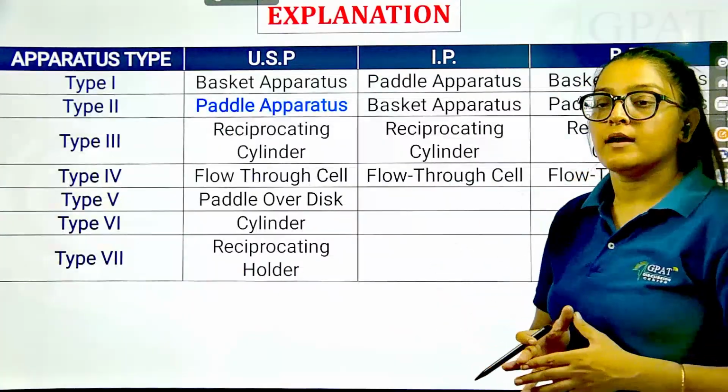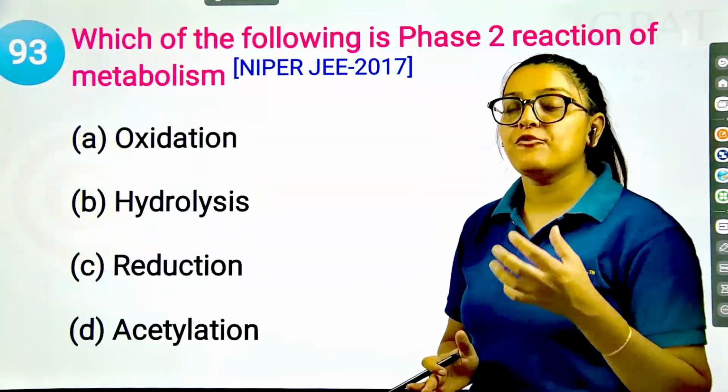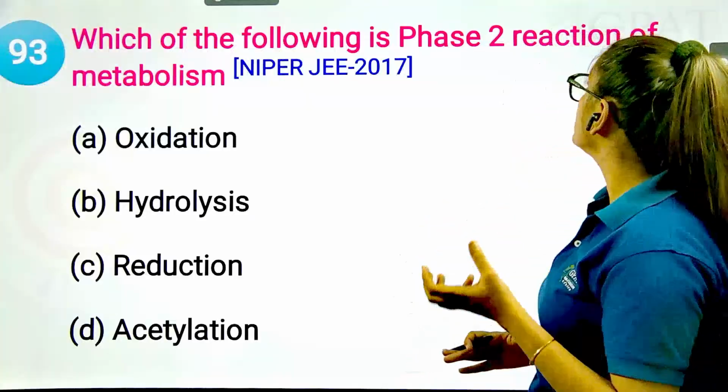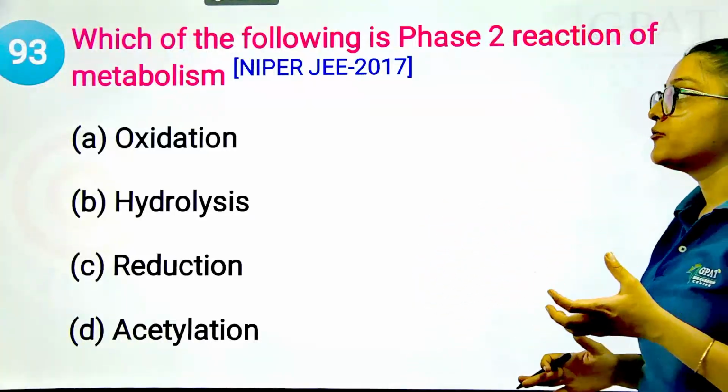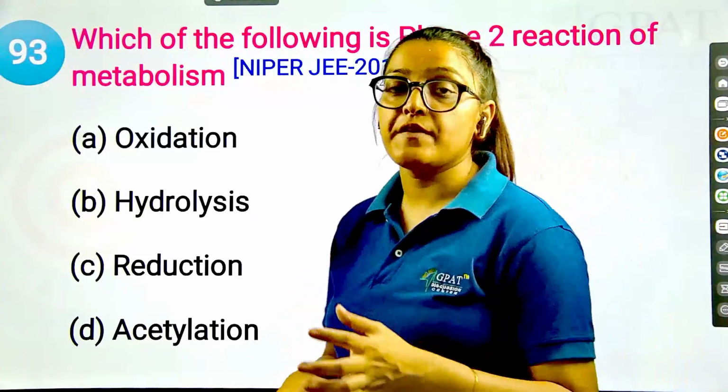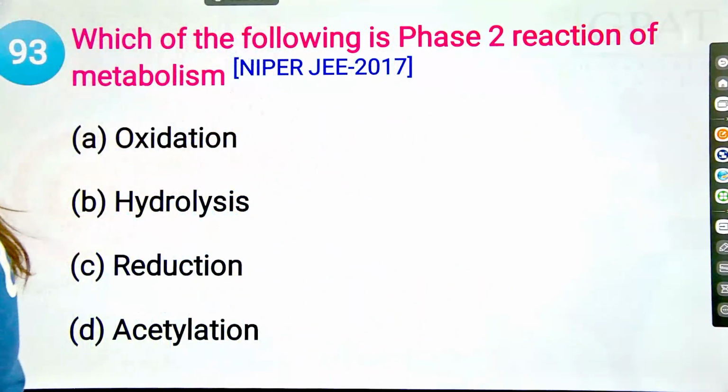Okay. Next, which of the following is the phase 2 reaction metabolism? Phase 1 we have already covered, which were the oxidation, reduction and hydrolysis. However, the acetylation is the phase 2 conjugation reaction.